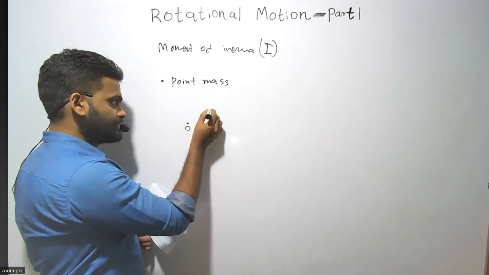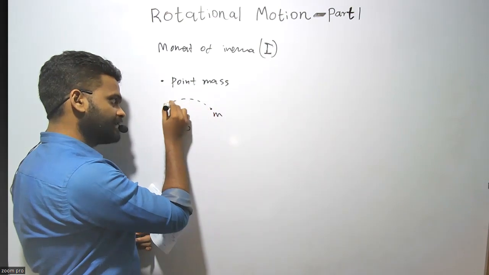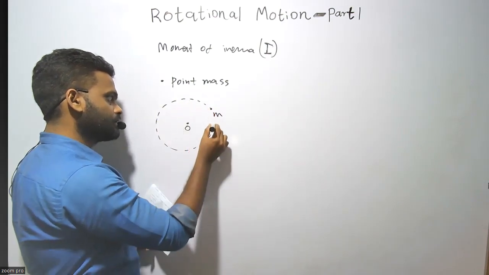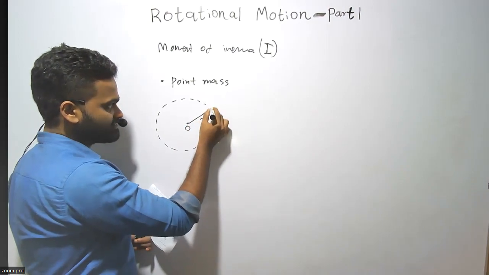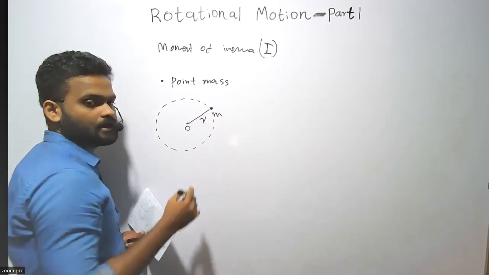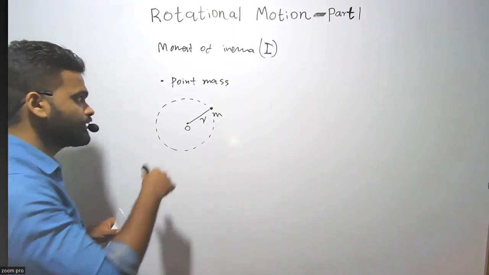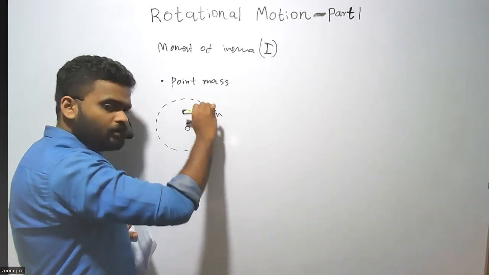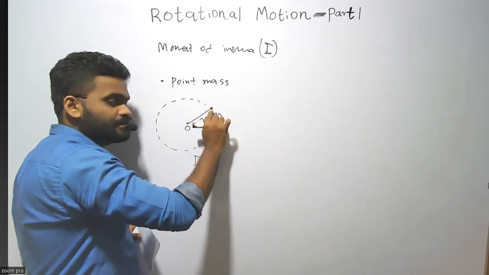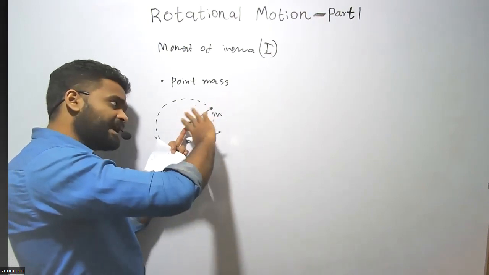So here we have the point mass m, and it is rotating in a circle. And the distance to that mass is r. All the mass is at a distance r.